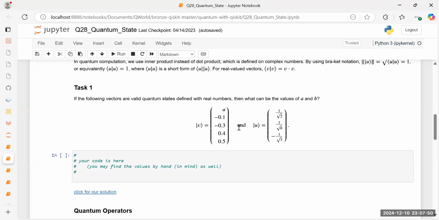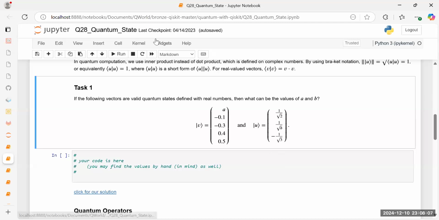Okay, so let's try one of these. For this one, what can be the value of B to make this a valid quantum state? For the people that actually have Jupyter Notebook set up and are going through the content, they can just click for the solution.